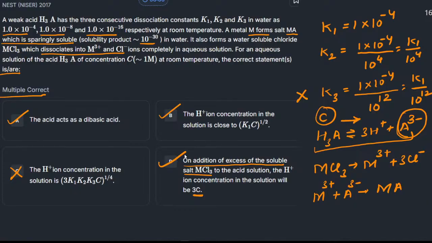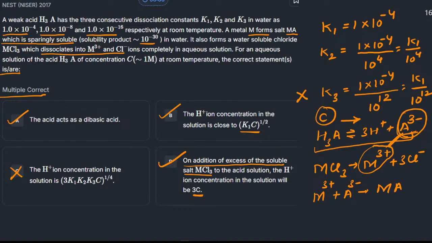Why would it happen? If we are not adding MCl3, H plus ion concentration is close to K1 into C raised to the power half. But because we are adding this soluble MCl3, what would happen? There is excess of M3 plus ion in the solution, and as soon as we get A3 negative ion, even to a small extent, that will combine with M3 plus, and therefore A3 negative is continuously removed from the equilibrium.